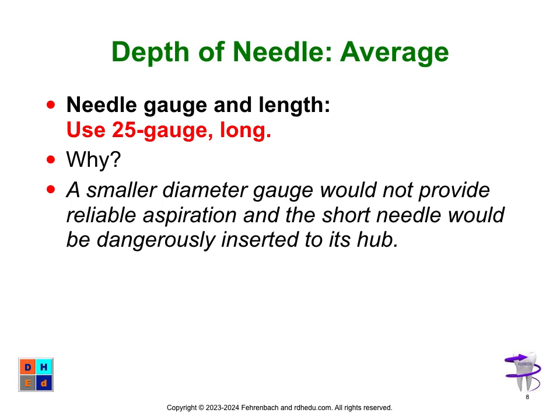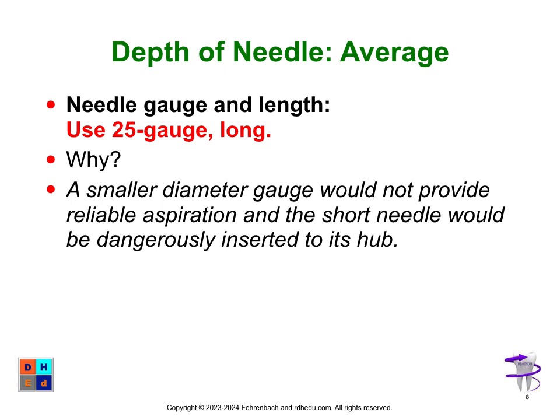So again, the needle gauge and length, we want to use a 25 gauge and we want it to be long. Why? A smaller diameter gauge would not provide reliable aspiration. Remember, this is the number one after the PSA, again, number one on the mandible after the PSA, because that's on the maxilla, that has positive aspiration.